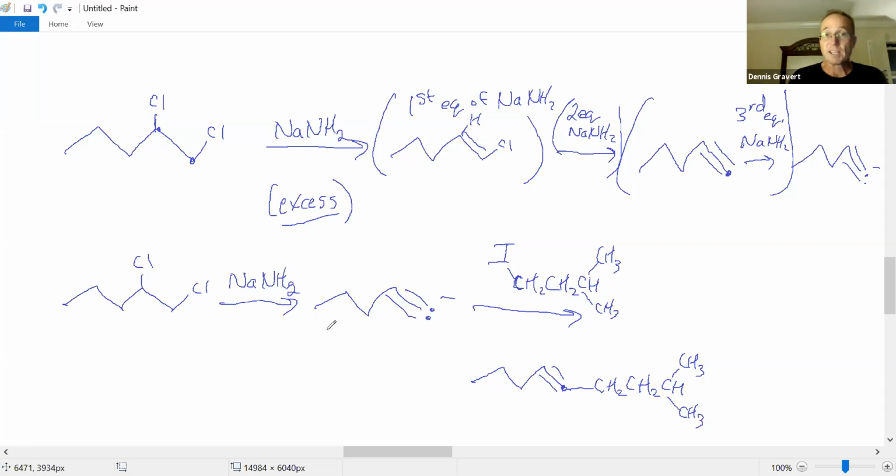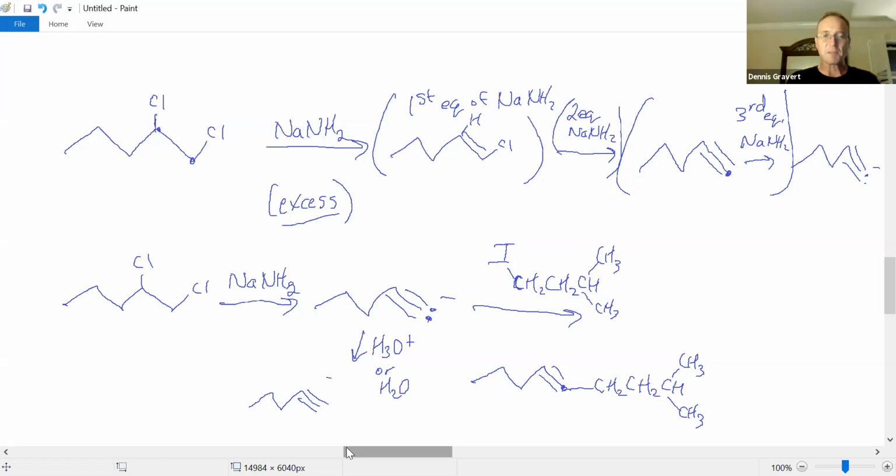If, however, you said, I really just want the triple bond, well, this is a strong base. It wants an H, so give it an H plus. So you can add hydronium ions, or you can add water. Water's a weak acid, and that will allow you to just get the triple bond. Okay.